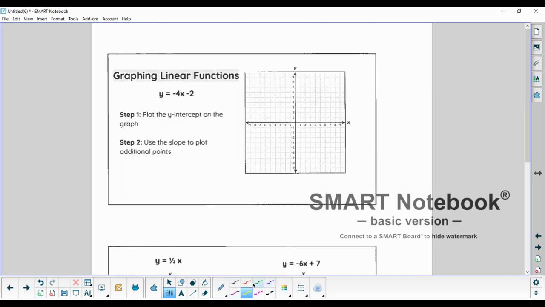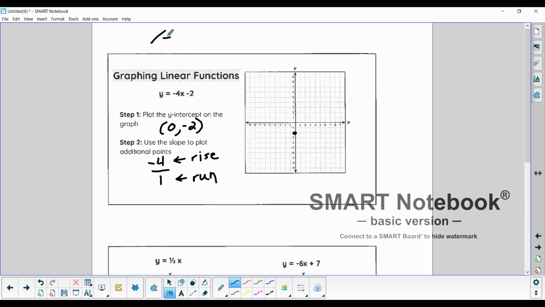For this one, our y-intercept is going to be (0, -2). And now my slope is -4. This doesn't have a denominator the way it's written, but any whole number will always have a denominator of 1. So my rise is -4, or you could think of it as going down 4. My run is 1.